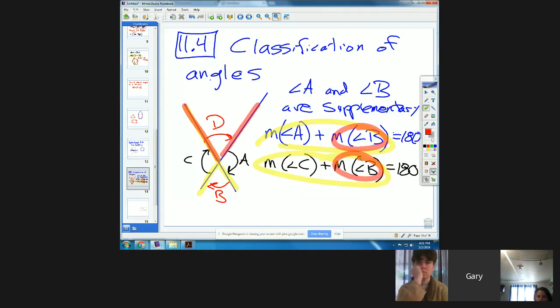So if they have to be equal, what does that mean about angle A and angle C? They also have to be equal. So we just kind of reduce it down from there. Angle A and angle C have to be the same. And we can do the same argument with B and D. They have to be the same when we look at these supplementary angles in pairs.